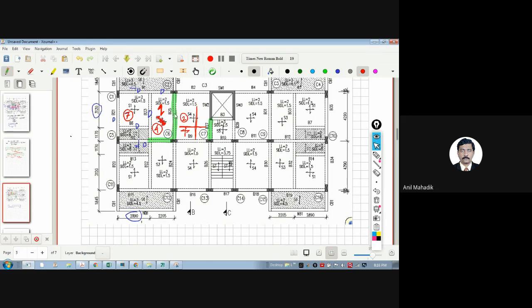So this continuity is not possible for this case. Please try to understand. That means if this is the case, then here also it should be the case. Either one way or two way, whatever. If this is the case, then also here it has to be like this. Fine. So this is the important point here to understand.